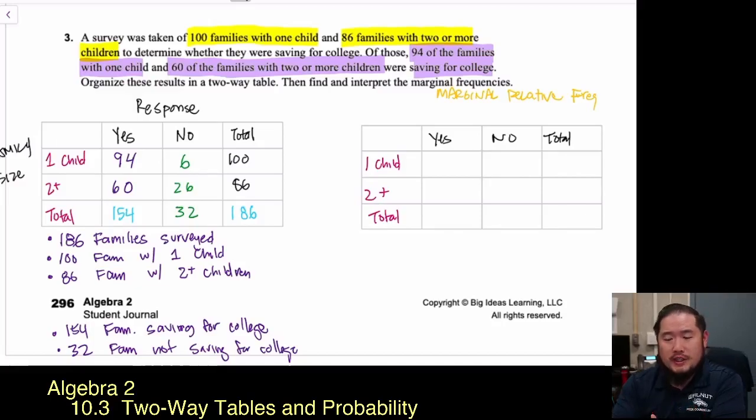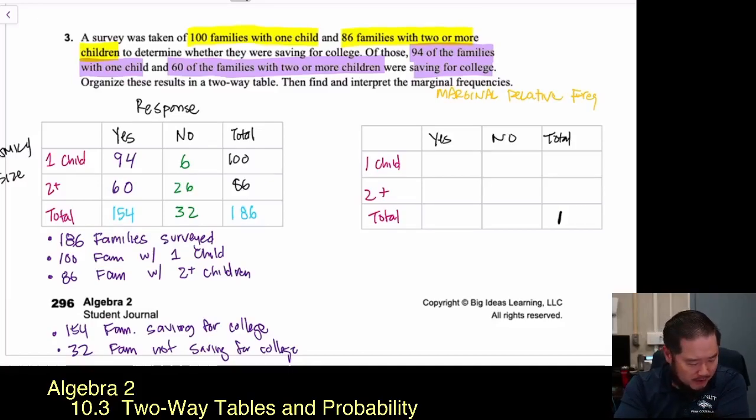Because we're dealing with ratios, the total of everybody we would consider to be 100% or 1. So at the bottom right, I'm going to put 1, because all our numbers are going to be decimals or percentages, or think of them as ratios.